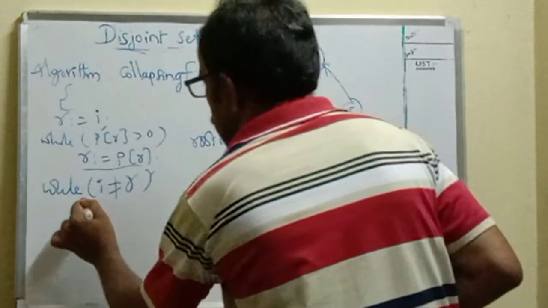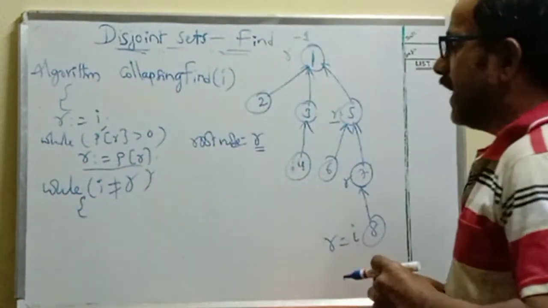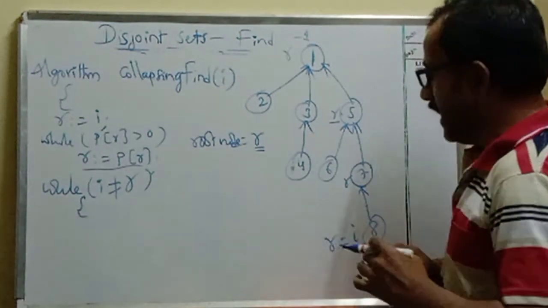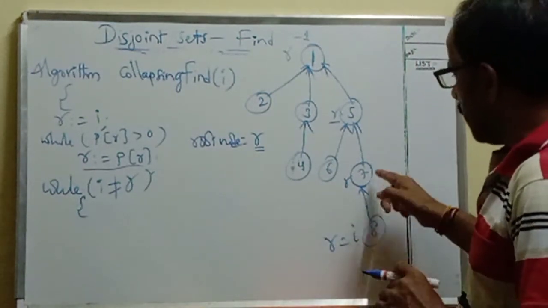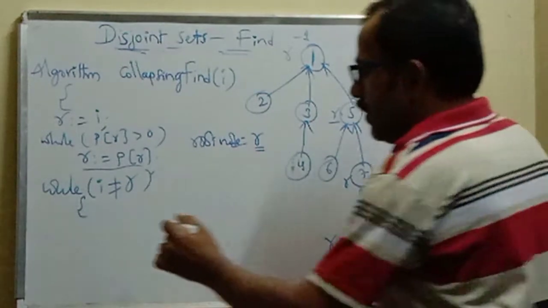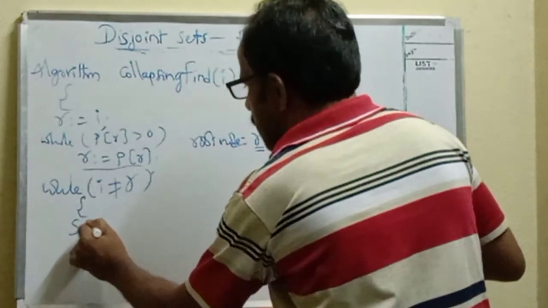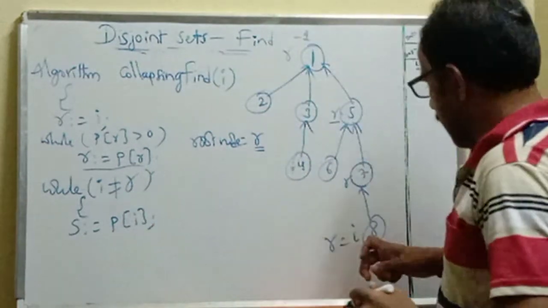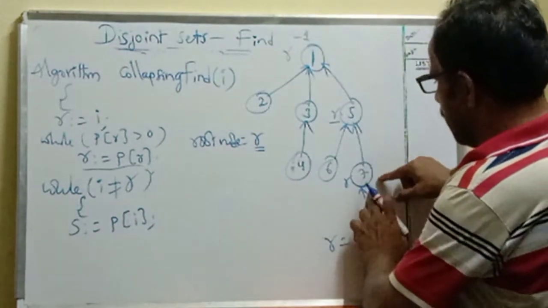Now, while I not equal to R, initially preserve the parent of I in one temporary variable. Suppose the temporary variable is S equal to P of I. What is P of I? P of I is this.